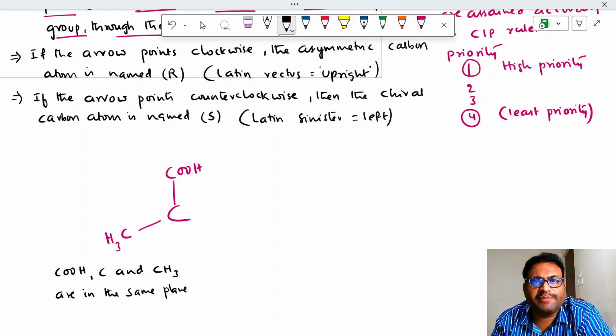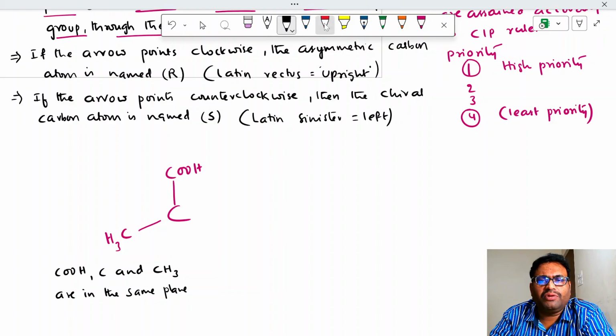Let us consider this as paper. On the paper, COOH and CH3 are present in the same plane, the XY plane. This whiteboard you are seeing is the XY plane, the same plane.